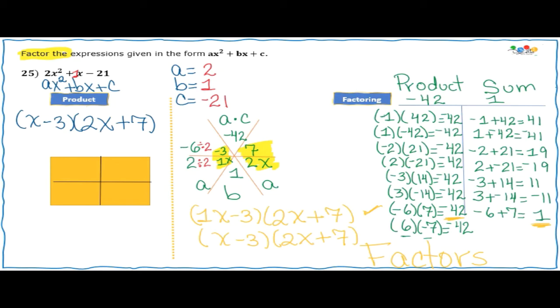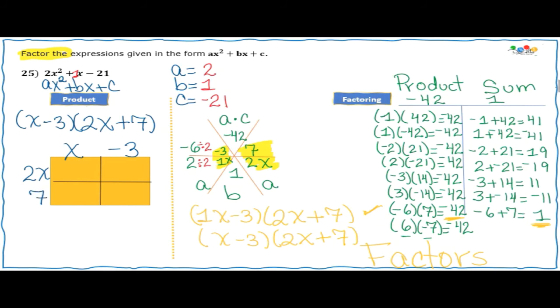Okay, so do you guys have the box ready? Okay, so let's do this. So in the length, right, we always do the first binomial, which in this case, my first term is x. The second term, yes, it is a -3. On the left side, my first term is a 2x. Second term is a positive 7, right?